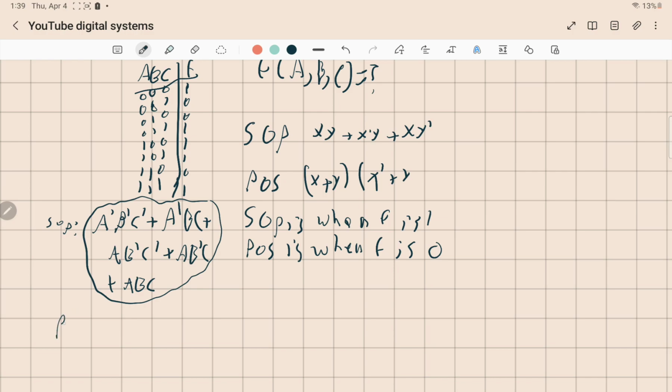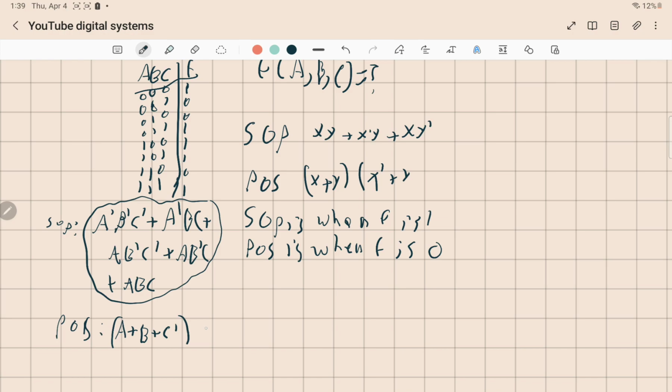Now let's do the POS. It's going to be the opposite. So we look at the zeros. A plus B plus C not, times, since C is 1 in this case, it's therefore a not, opposite of the way it was in SOP.